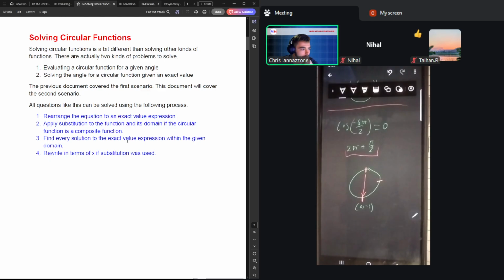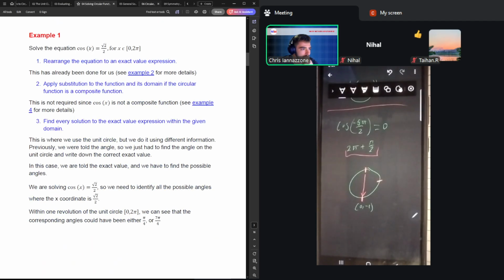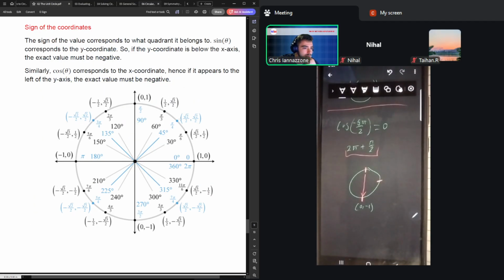But for now, solving. So, as I said before, it's where you don't know what the angle is, but you are given the exact value that it corresponds to. One of the challenges here is that you may have already noticed that there might be double ups of values. Like for instance, cos being root 2 over 2 belongs to pi over 4 and 7 pi over 4.